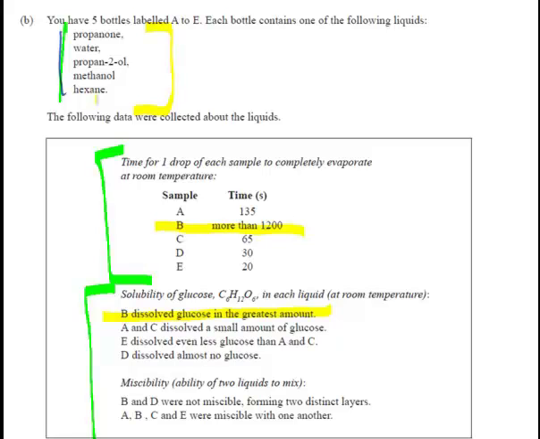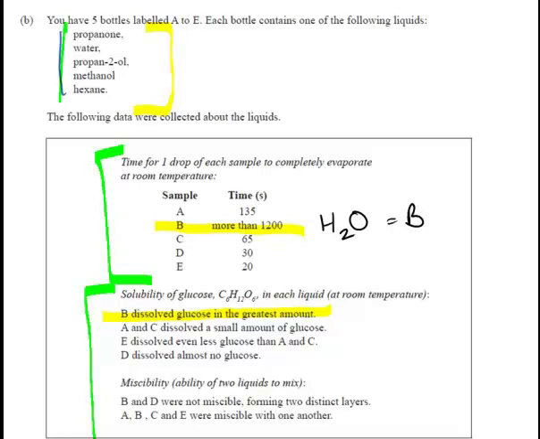And water, with its ability to hydrogen bond to itself, is going to have fairly strong bonds, which are going to take a lot of energy to break. So that's probably the easiest one to get. So you know straight away that water is B, and that information may help you get the others. So let's look at the other information and see if we can work that out.